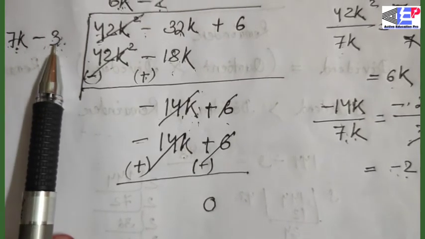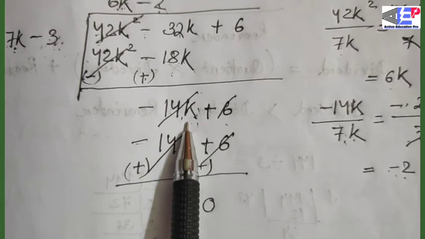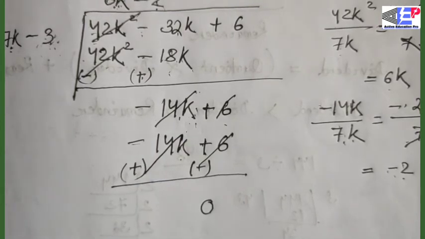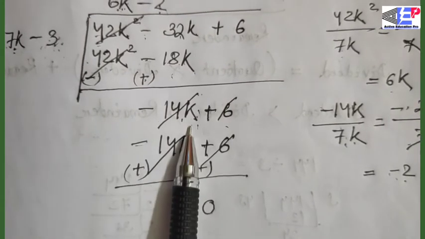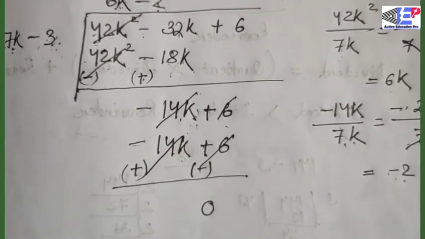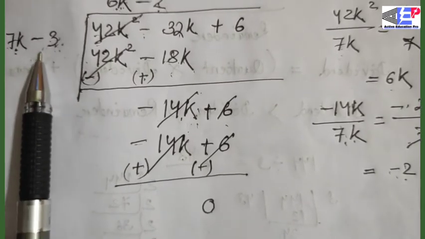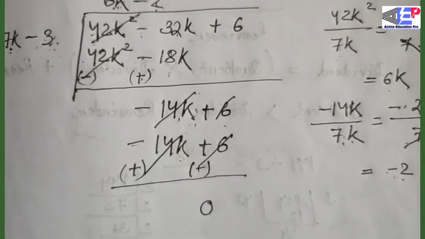here is the same divisor, and the dividend is new. Now check the degree of the dividend and the divisor. If the degree is the same, then we can divide it. If the degree of the divisor is greater than the degree of the dividend, we can't divide any more.